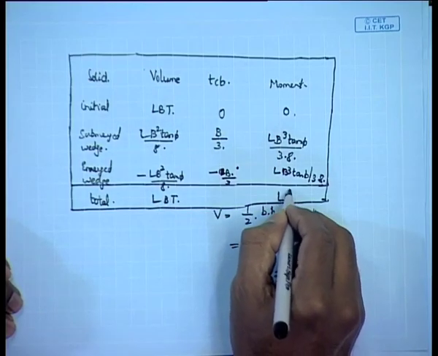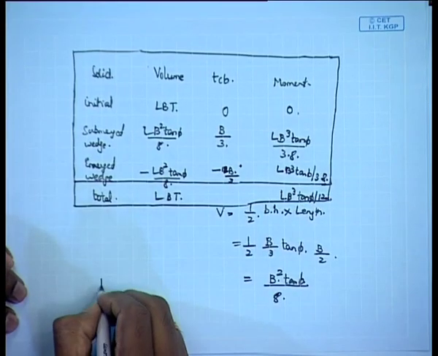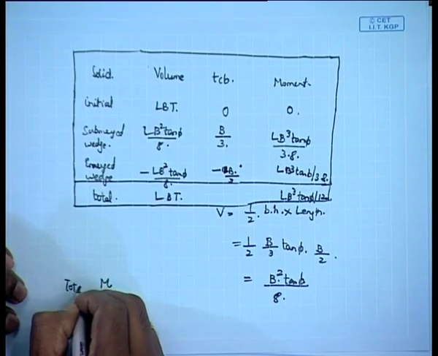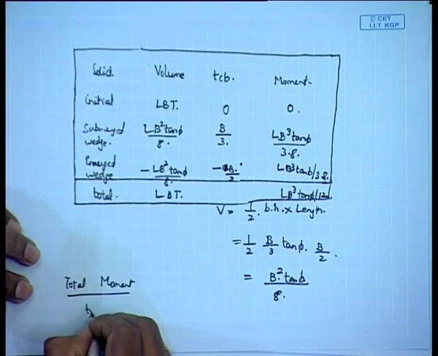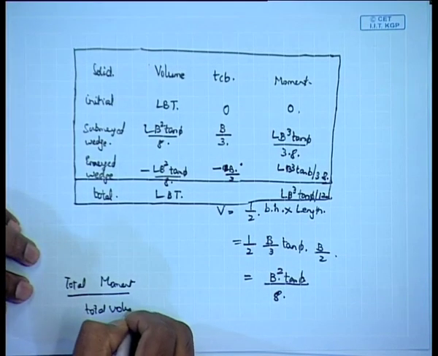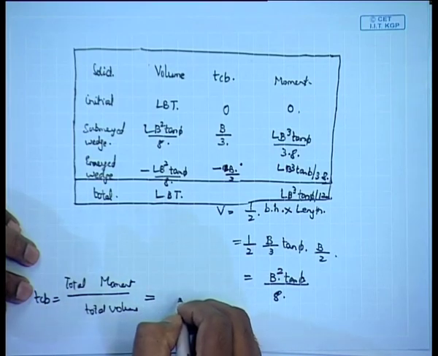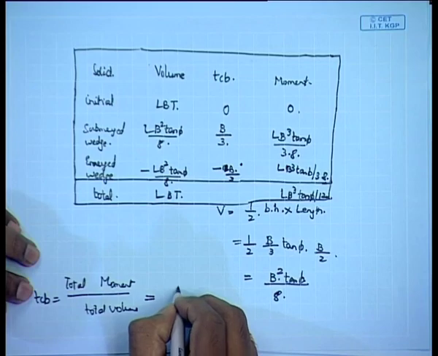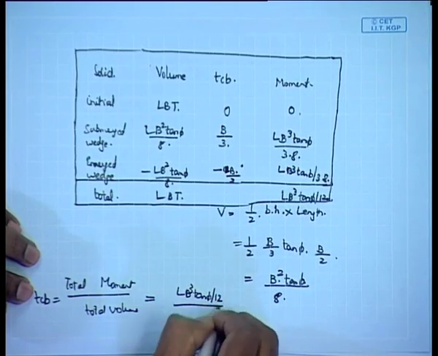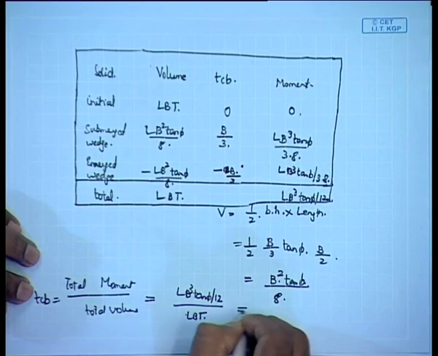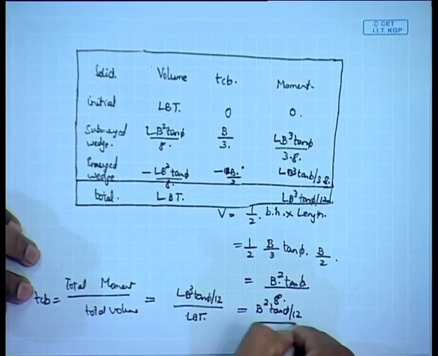Summing up the moments we get L b cube tan phi by 12, and the total moment divided by the total volume gives you the net TCB, that is equal to L b cubed tan phi by 12 divided by LBT, which is equal to b square tan phi by 12.